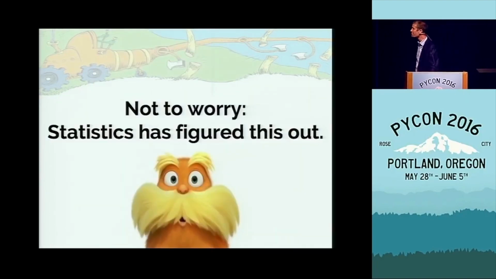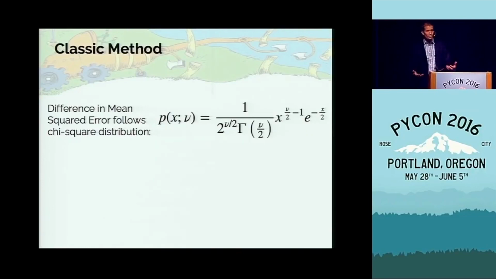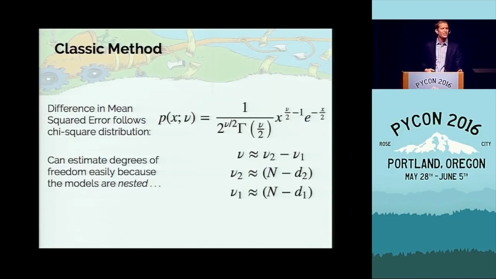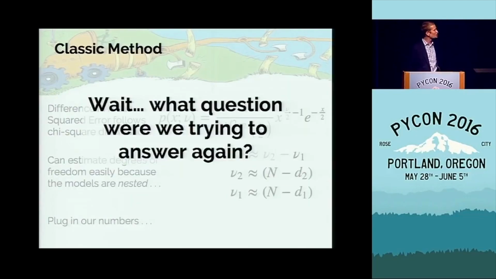So, you know, statistics has this figured out. What we can do with these sorts of models is we can look it up in the book, and we see that the difference in mean squared errors follows a chi-squared distribution. You can estimate the degrees of freedom, because these are nested models. And you start plugging in your numbers, and pretty soon you're in the same situation as before.